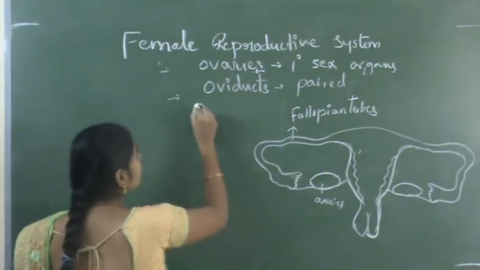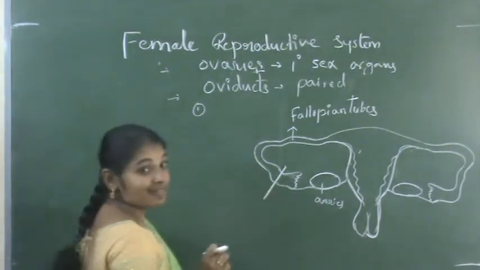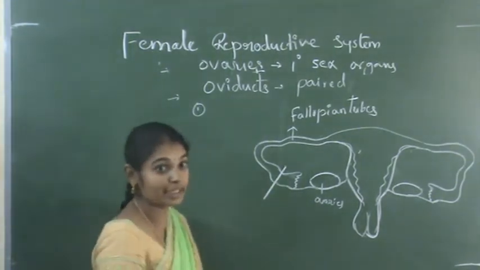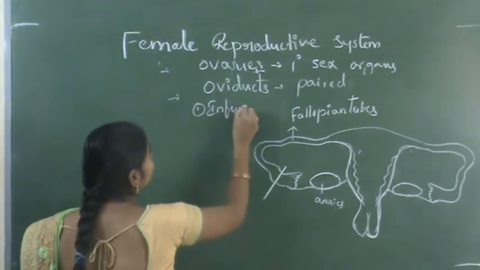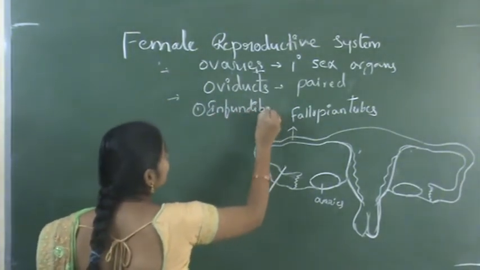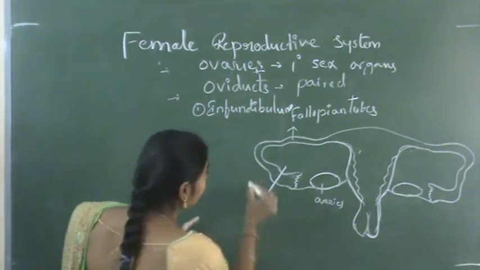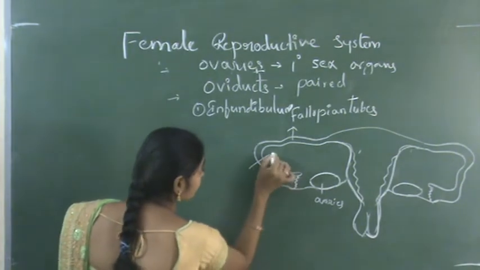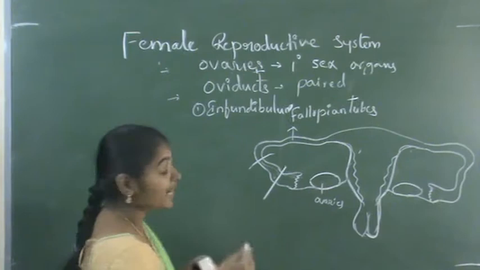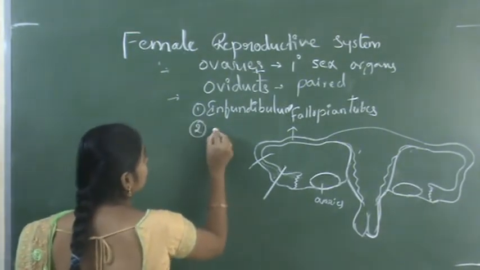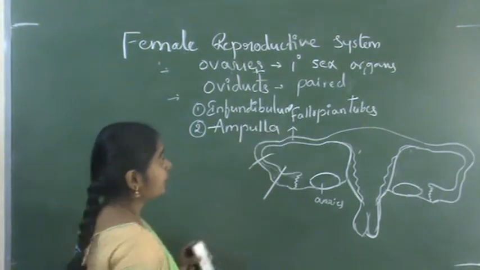So one is the starting part, which is closer to the ovaries, known as infundibulum. The next part, the wider part, is known as ampulla.